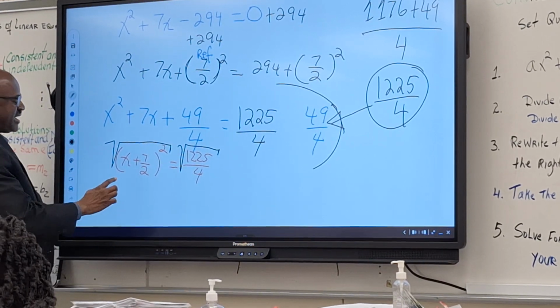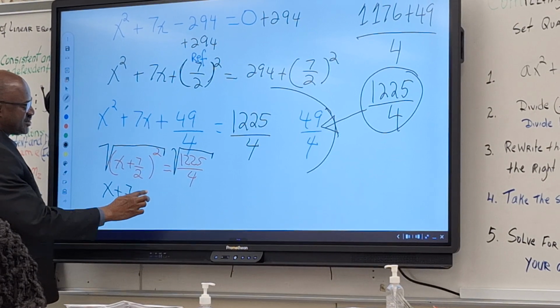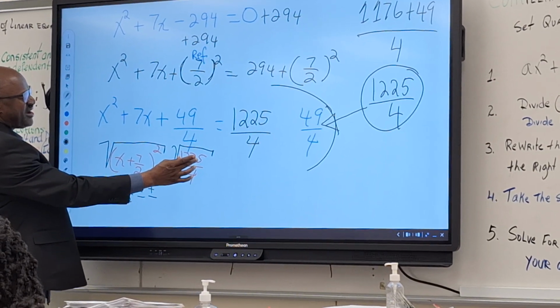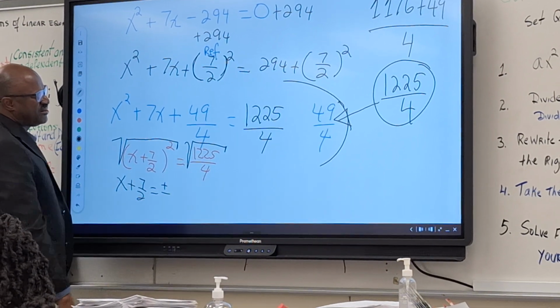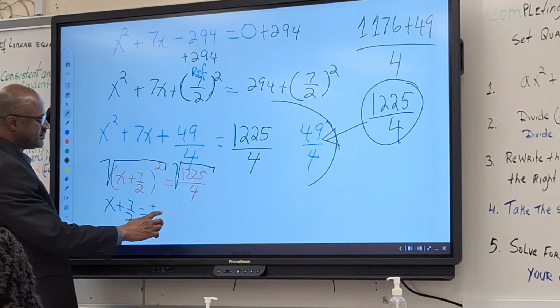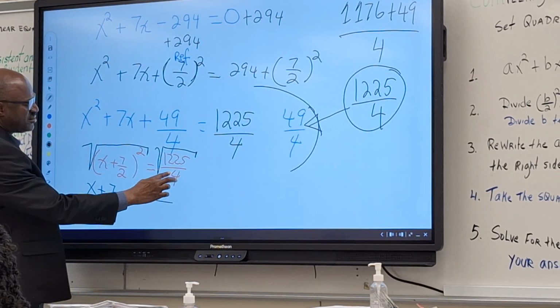This becomes x plus 7/2 is equal to plus or minus the square root of 1,225. Use the calculator to get that. And this one is an easy one. What is the square root of 4?